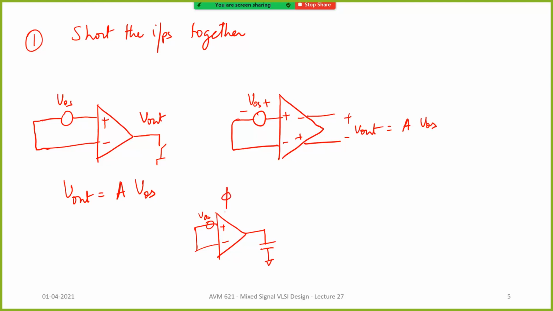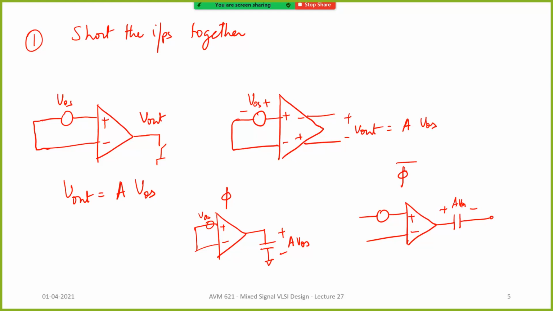In phase 5 bar, what I will do is I will open the thing. Let's say I am using it as an amplifier, and this capacitor will be in series. So what is stored here? It is A times VOS. So A times VOS is in series.